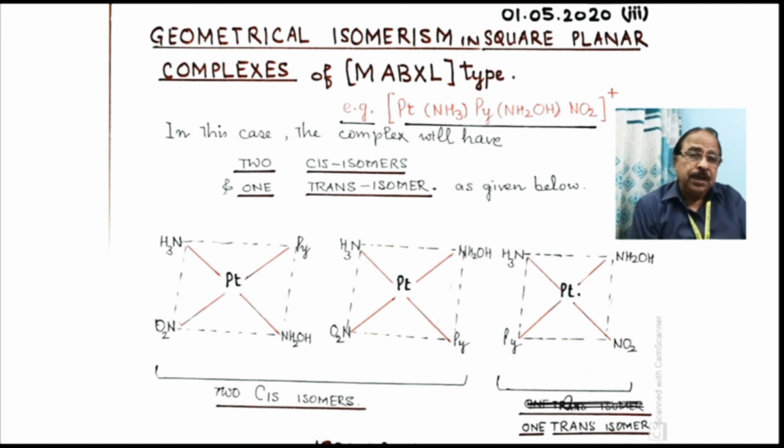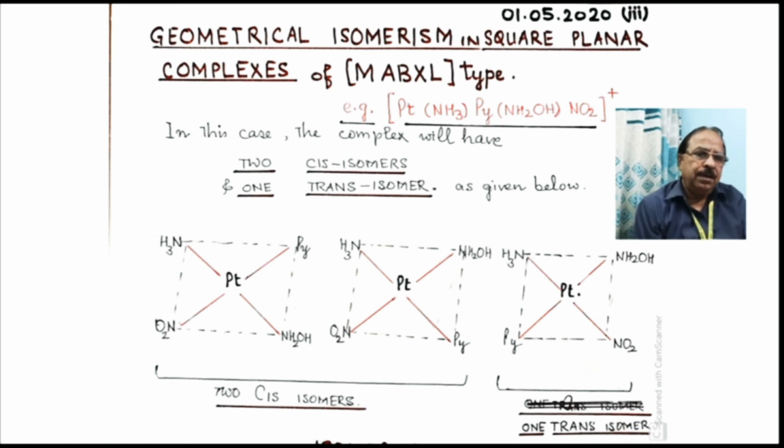So these two isomers are called cis isomers. Why? Because on the left hand side, the same groups, the nitro group as well as the amino group, similar groups, are occupying the same side. So these are called cis isomers. And then the third one is the trans isomer, where the amino ligand as well as the nitro ligand are present opposite to each other, whereas hydroxylamine and pyridine are also present in positions exactly opposite to each other.